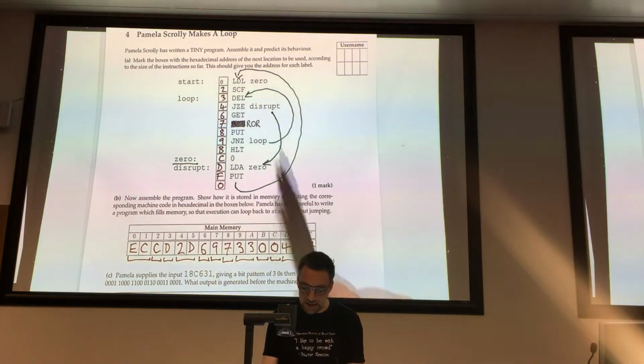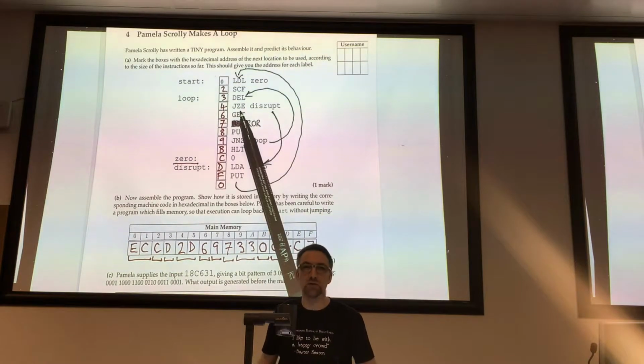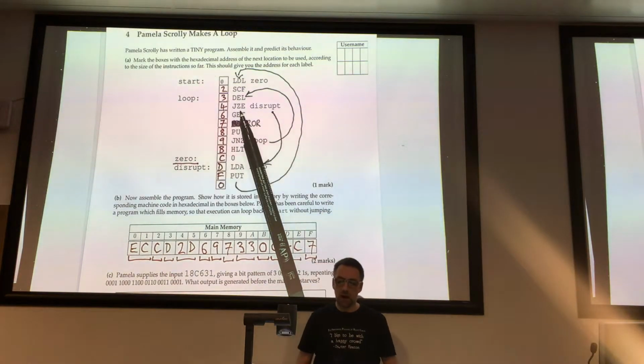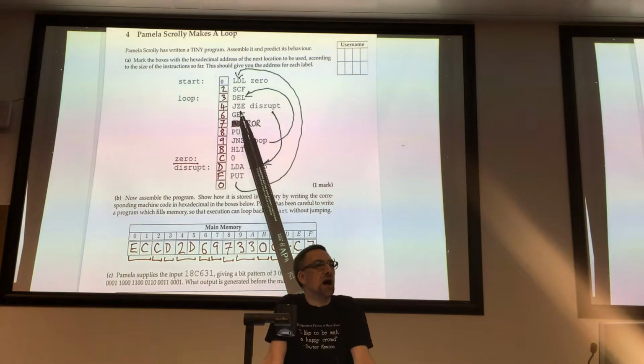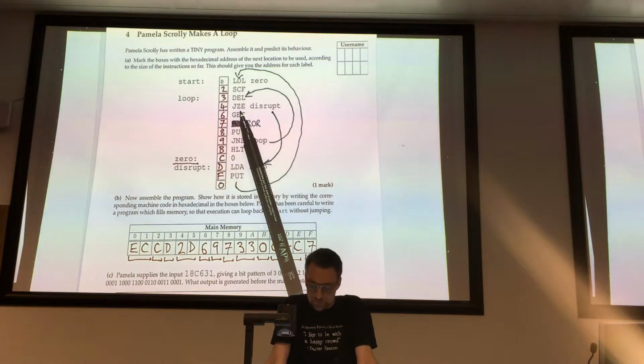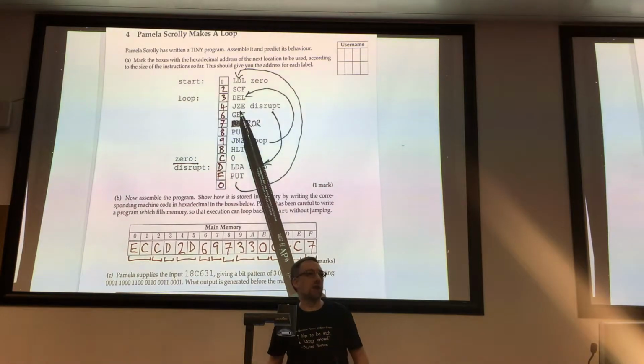Okay, so let's take this jump if 0 to disrupt. What's controlling the 0 flag for that operation? Which instruction is going to be responsible for whether that conditional jump jumps or not?